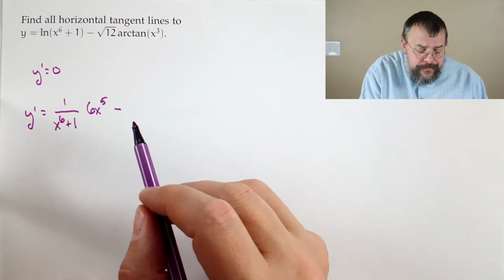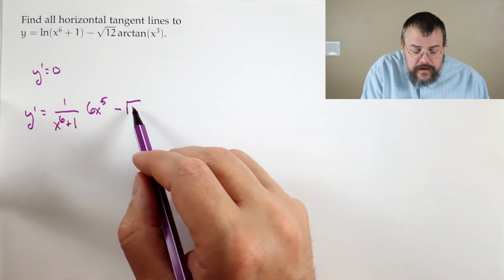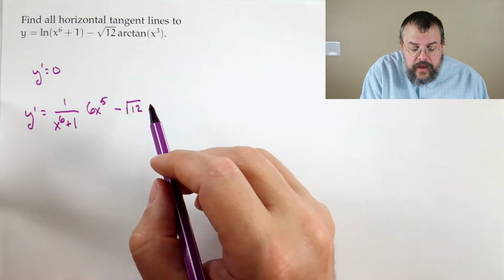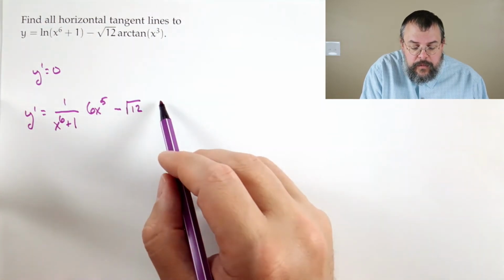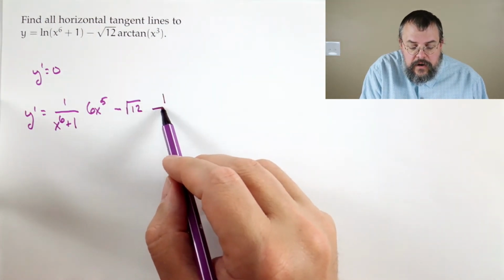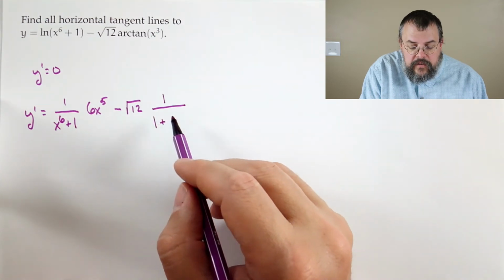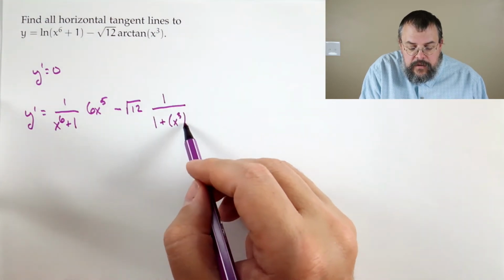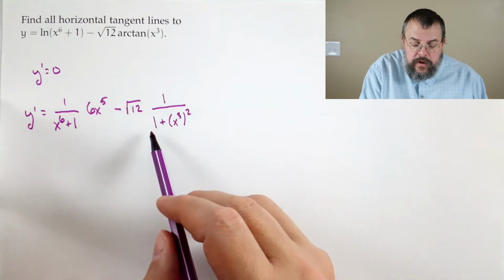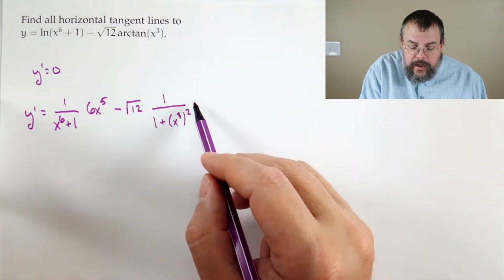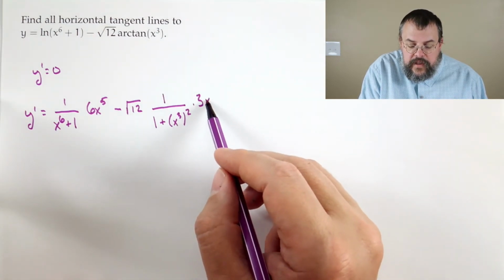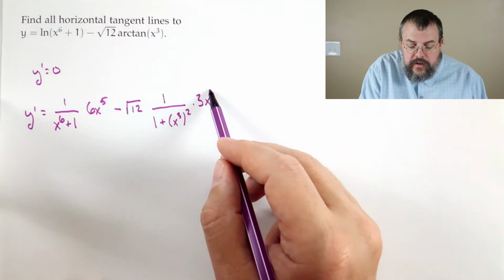I wonder why that's there. Square root of 12. Okay, we'll come back and visit that one. So arctangent of x cubed. So the way we do arctangent, 1 over 1 plus x cubed squared, right? 1 over 1 plus the inside squared times the derivative of the inside. So times 3x squared.